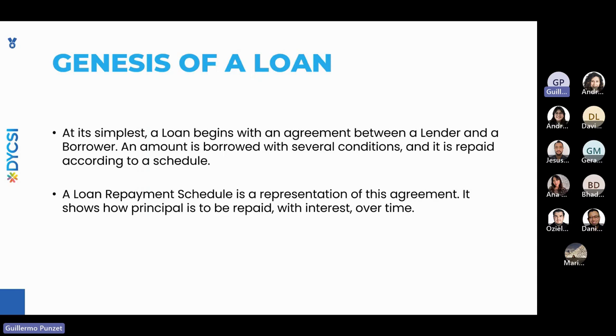So an amount is borrowed with several conditions, including, for instance, the interest rate, the start and end date of the repayment period, and so on, right? And once the loan starts, it's repaid according to a schedule. A loan repayment schedule is a representation of this agreement. It shows you how principal is to be repaid with interest over time.